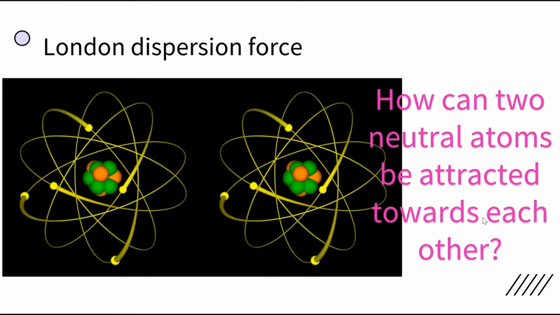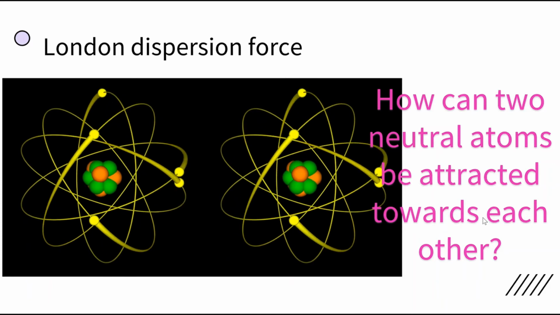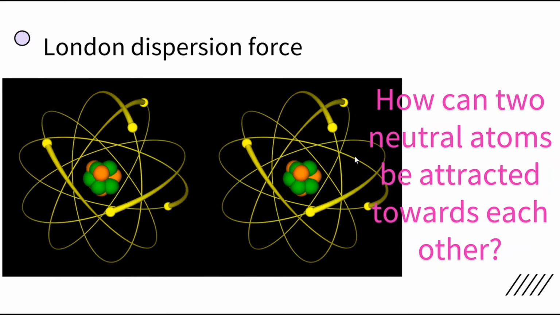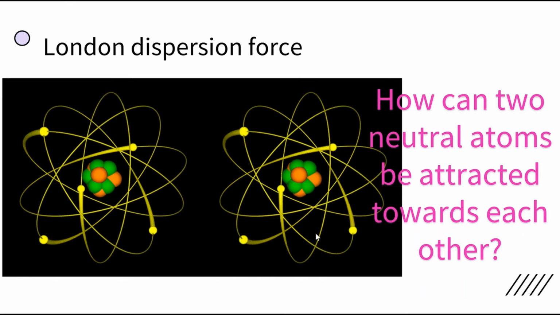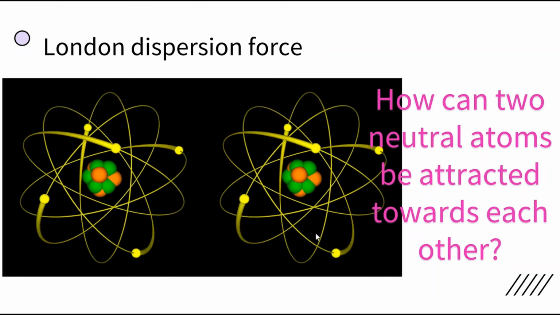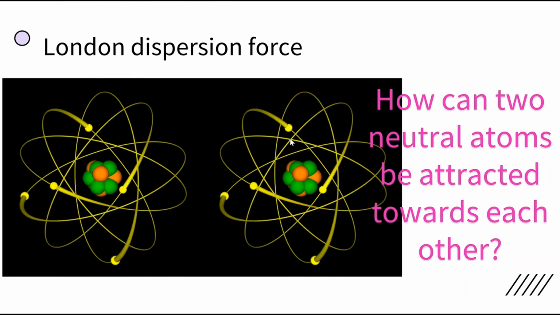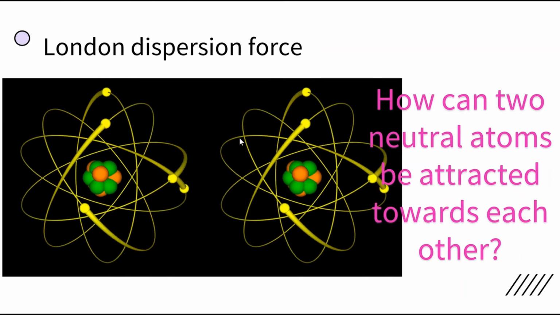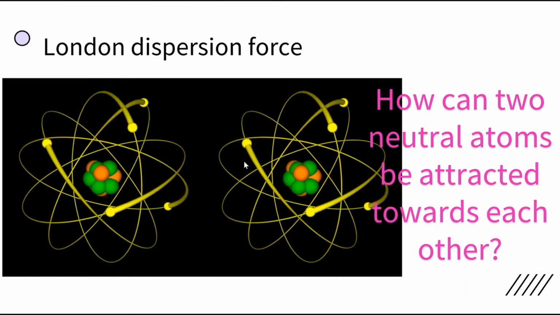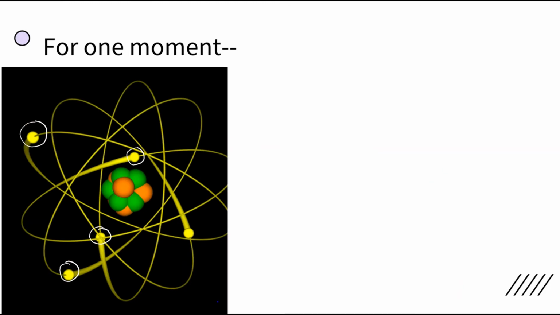Now, the first way to think about it is that electrons are constantly jumping around probabilistically. It is a probability density cloud where an electron could be anywhere at this moment, and it is not evenly distributed. So for a moment, it is possible that the electron positions within the electron cloud are these.